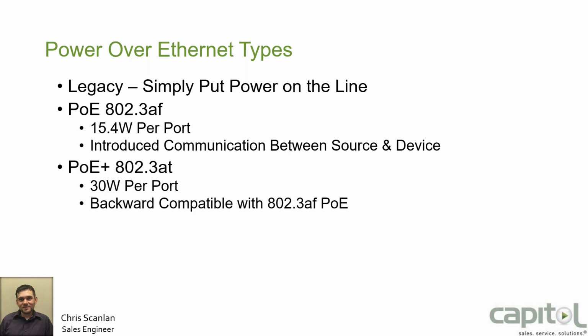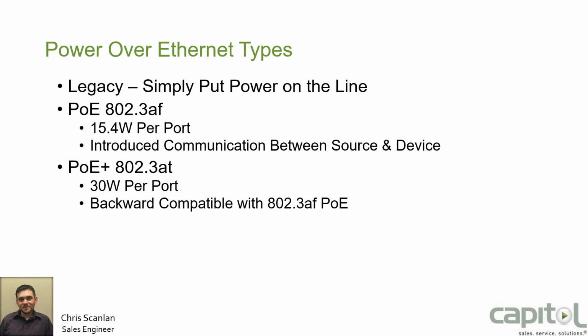Now, a lot of devices are needing more power. You've got cameras with heaters in them. You've got high-powered access points. You've got outdoor access points. There are a lot of devices where they're putting more into these access points or cameras or other devices that need more power. So they created a new standard, which is 802.3at, and that is 30 watts per port.